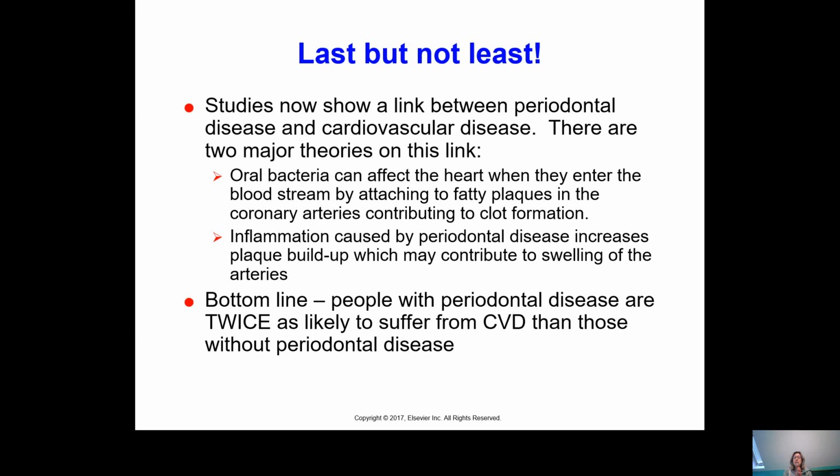So one is saying that the bacteria is carried on the plaque and builds up on the sides of the arteries. The other says that the irritation can cause swelling of the arteries and narrows the passageway for blood. The bottom line is people with periodontal disease are twice as likely to suffer from cardiovascular disease than those without periodontal disease. So that's chapter 6 in a nutshell.